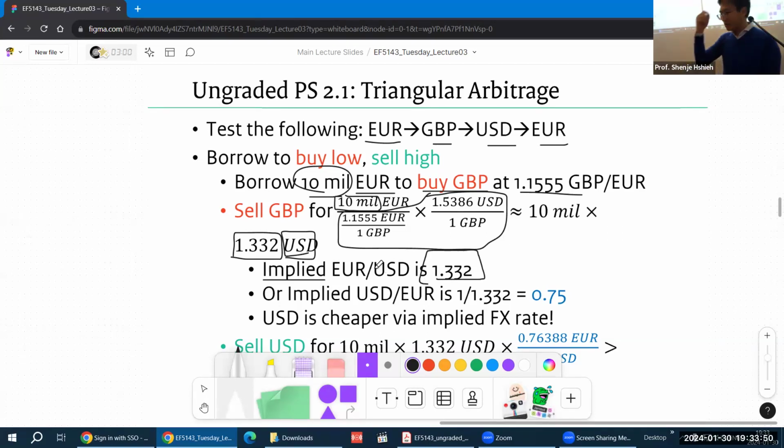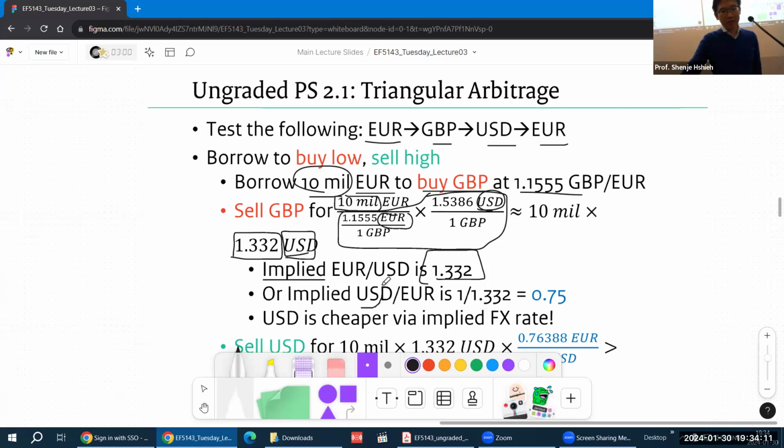That is the implied exchange rate between euros and dollars of 1.332. In other words, the price of euros in terms of dollars, right? You can see that because dollars is in the numerator and euros is in the denominator. But if you want a more explicit comparison, we just take the inverse.